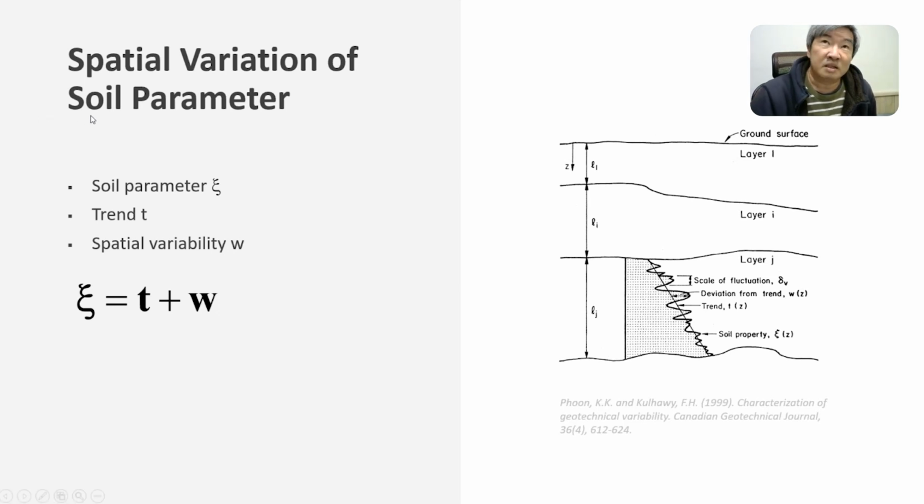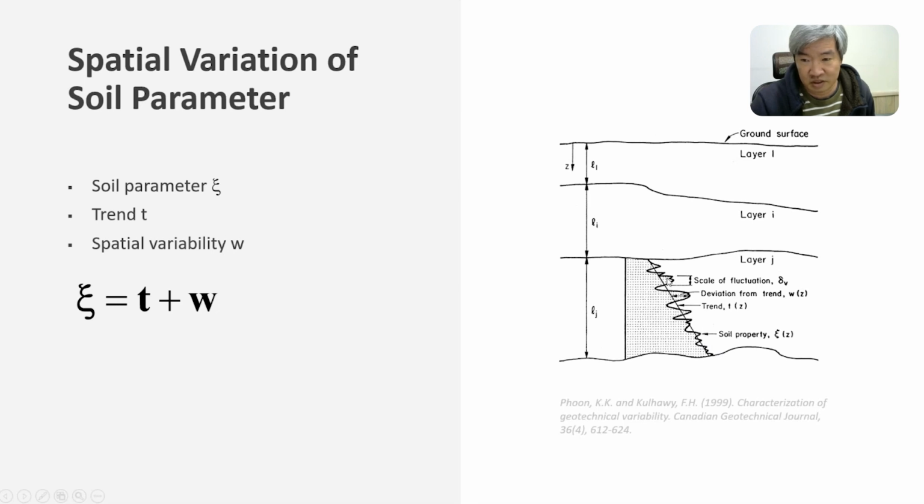So the basic computation engine behind the thing is quite simple. In principle, it is quite simple. It assumes that the CPT data consists of 2 parts. One is the trend, the other is the spatial variability. By trend, I mean this is the trend function.